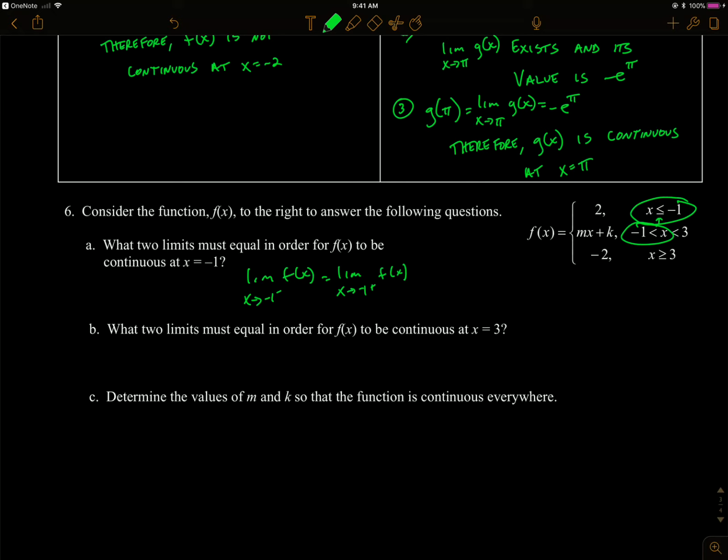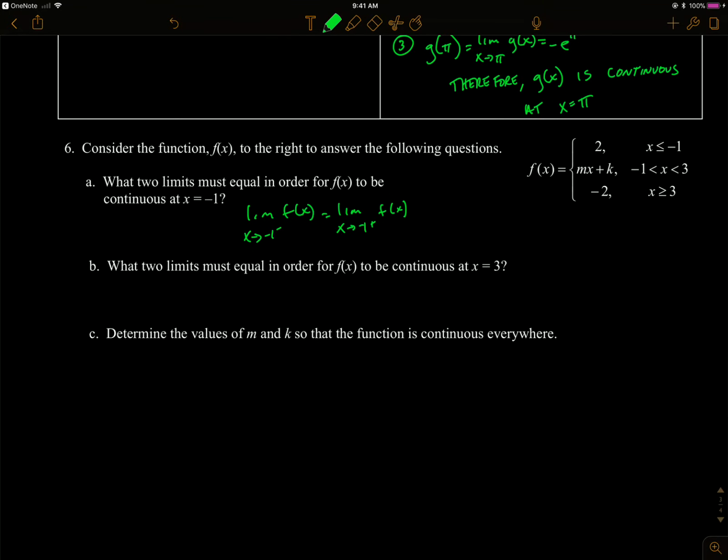Now I do want to state that that's not the only thing to make it continuous. Okay? That's just the start of it. That would prove the limit exists. We'd still have to show that f of negative 1 is defined, which this equals will show, and then show that they're equal. But this is just sort of walking us through it.